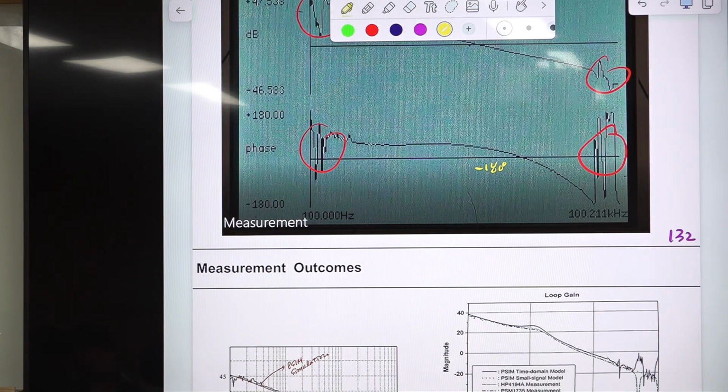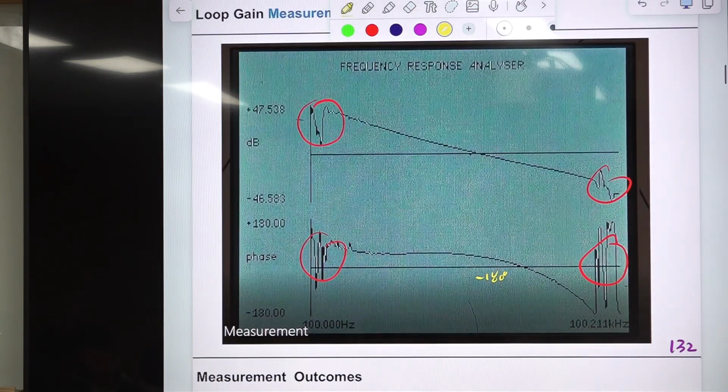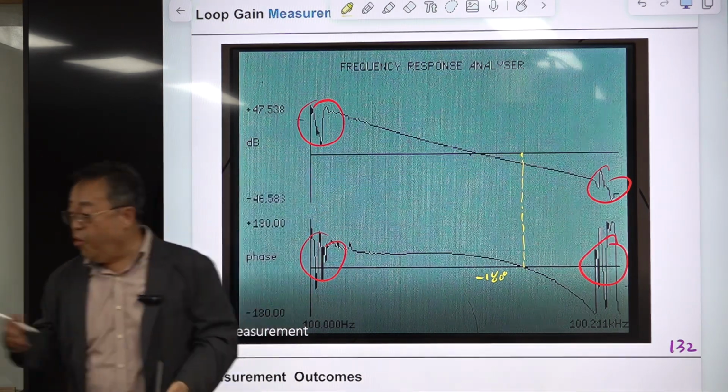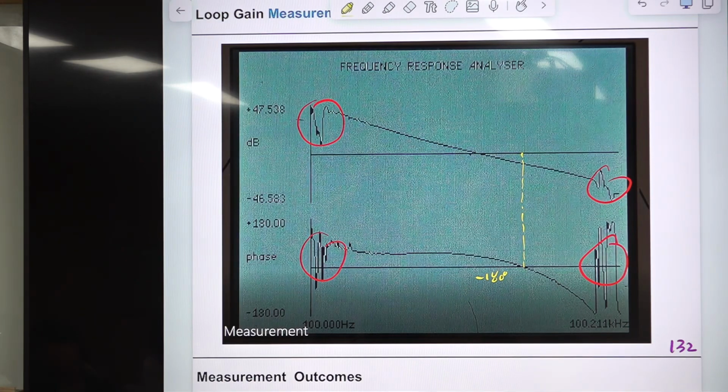And at that frequency, the magnitude is this one, okay? Because this is below this 0 dB line, it's smaller than 1, so the converter is stable.